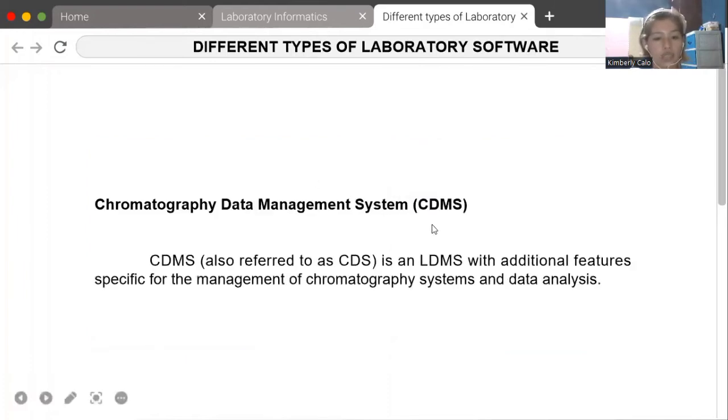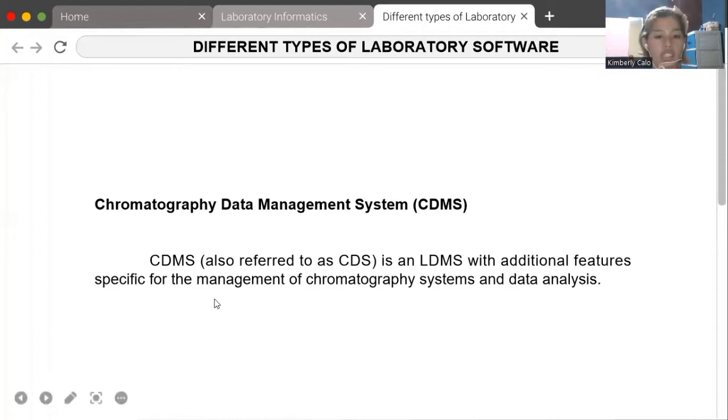Next is chromatography data management systems, CDMS. CDMS, also referred to as CDS or chromatography data system, is an LDMS with additional features specific for data management of chromatography systems and data analysis.